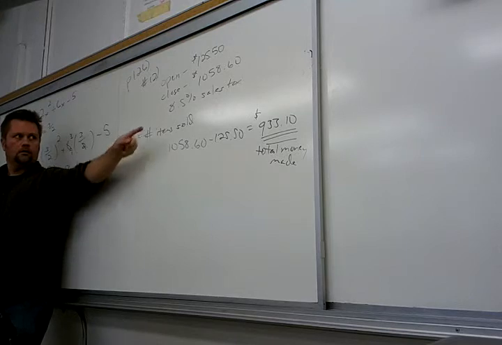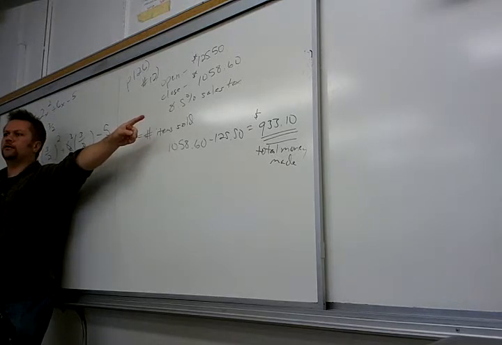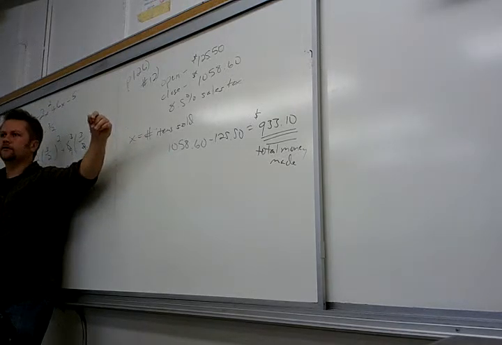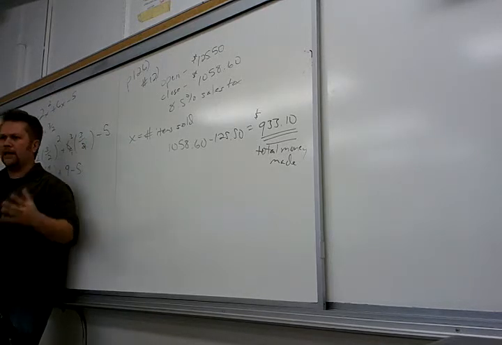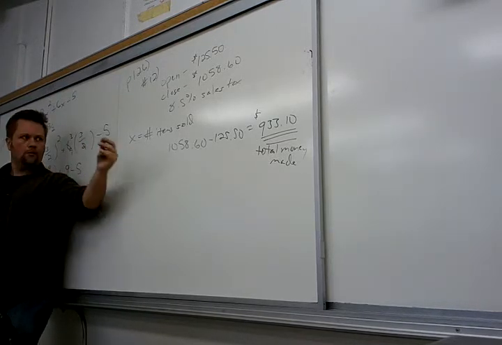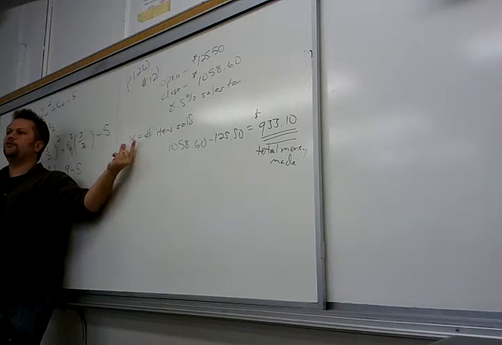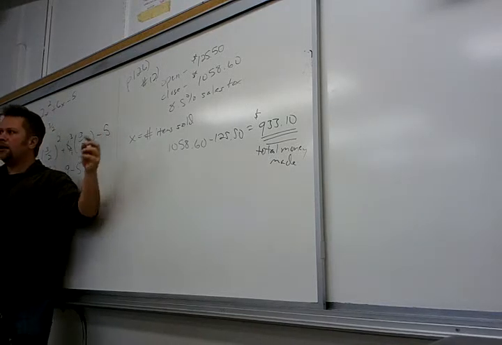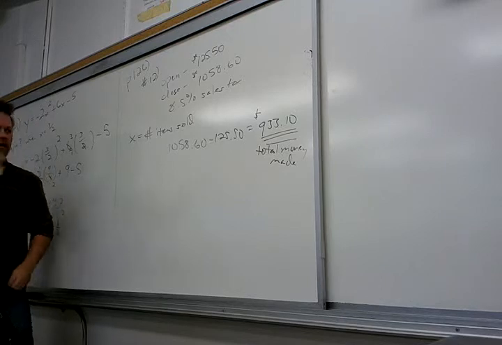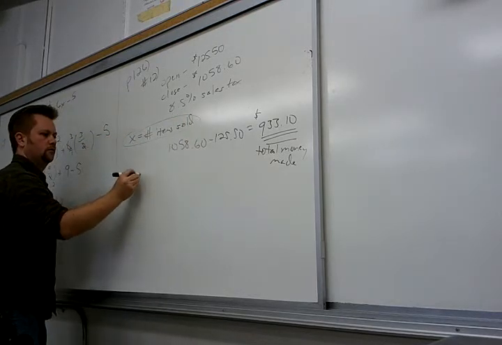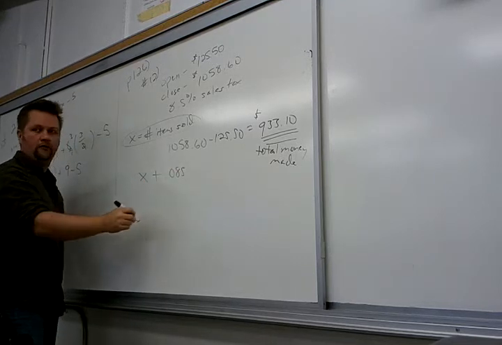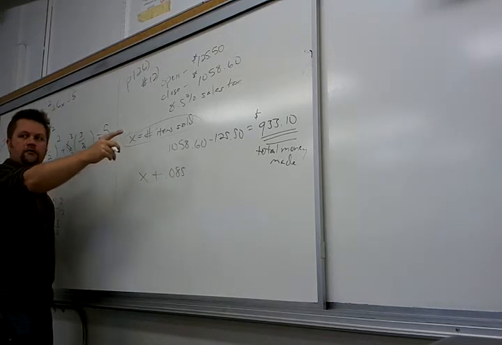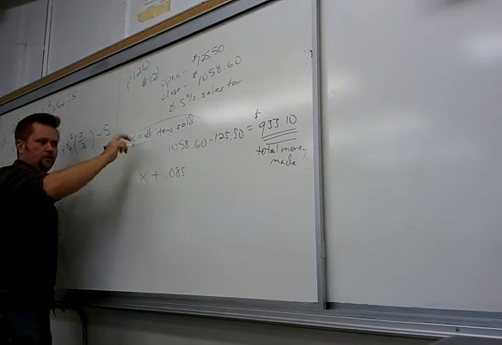What's the sales tax rate? 8.5% of 200. Now, where did that 200 come from? I just wanted to give you a number. How much did I sell? I don't know. So I'm going to get money from two places: from what I sold, plus the taxes, the percentage of what I sold.